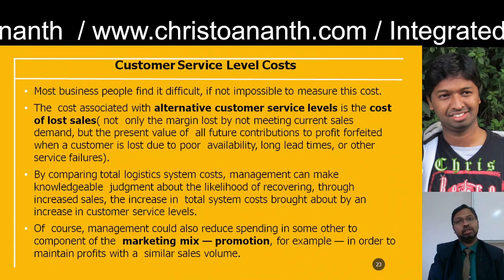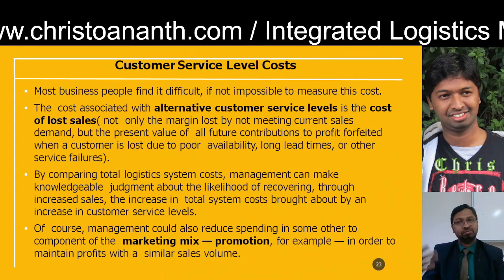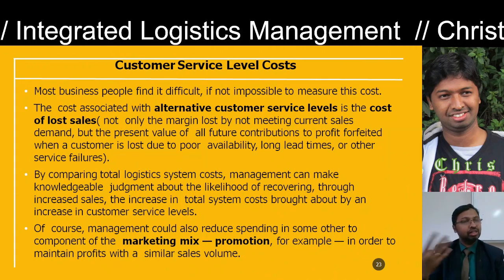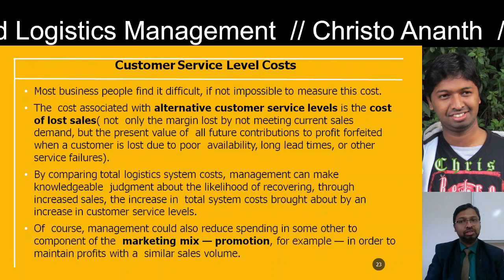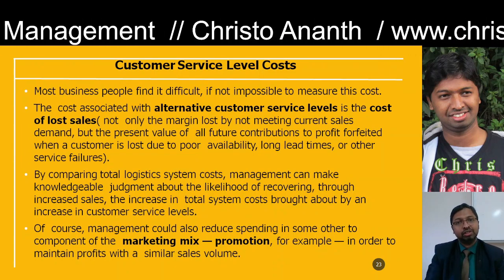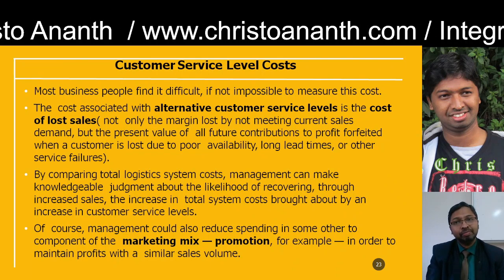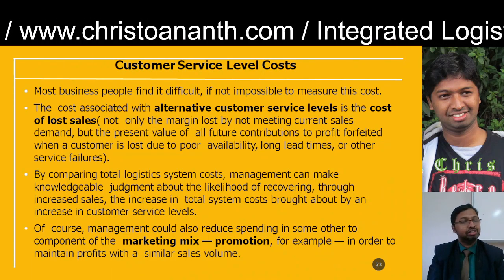First, customer service level cost. It's not that you cannot measure it, but it is rather difficult. It is the cost associated with alternate customer service levels, or you can call it the cost of lost sales.